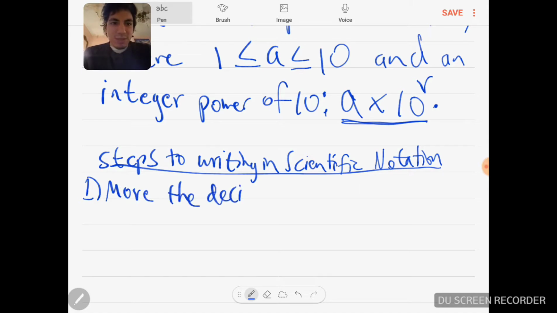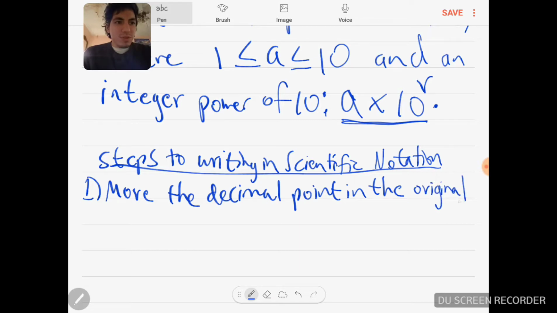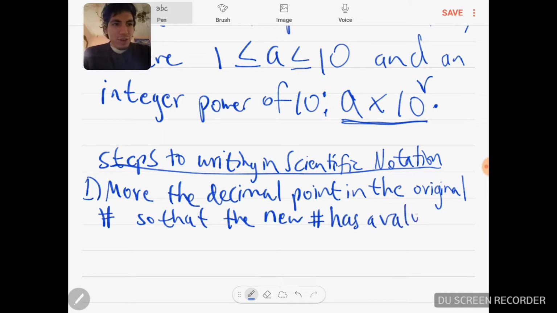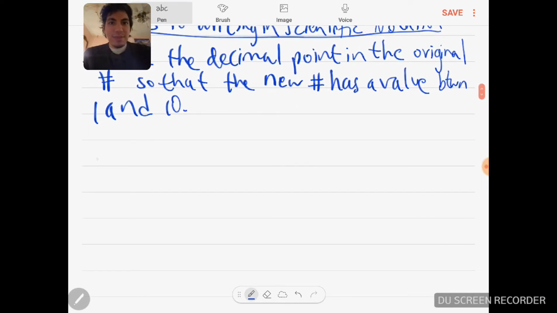You need to move the decimal point in the original number so that the new number has a value between 1 and 10. That's just the first step.